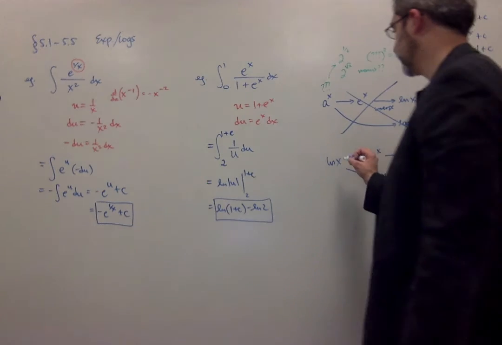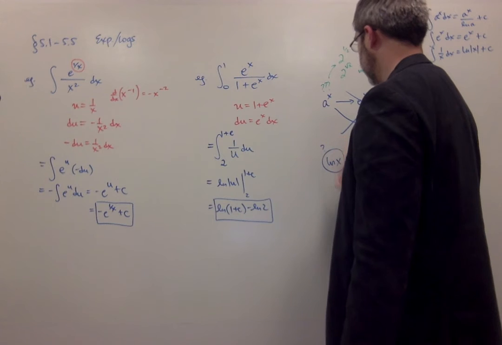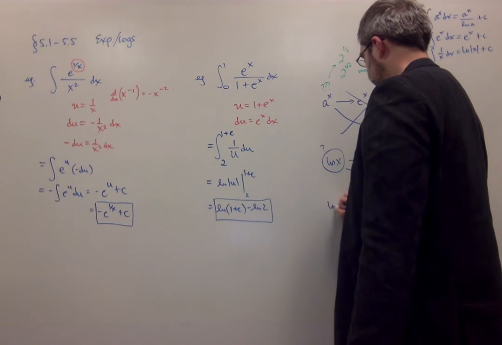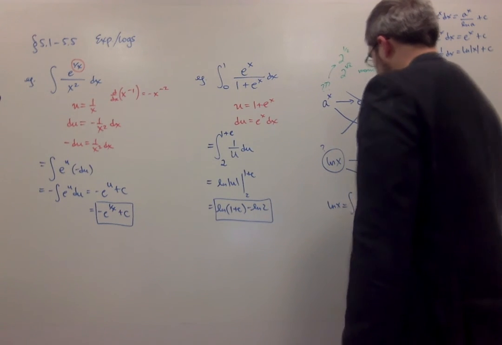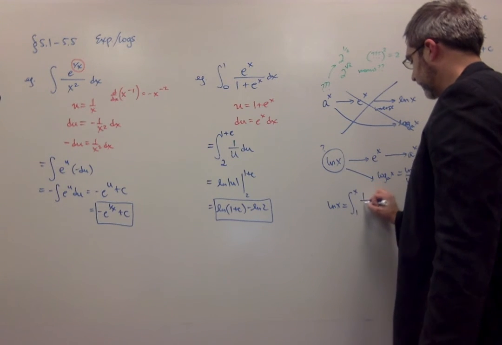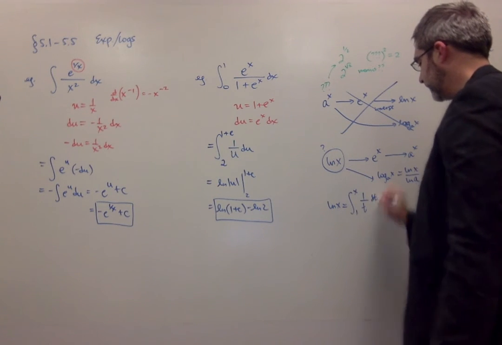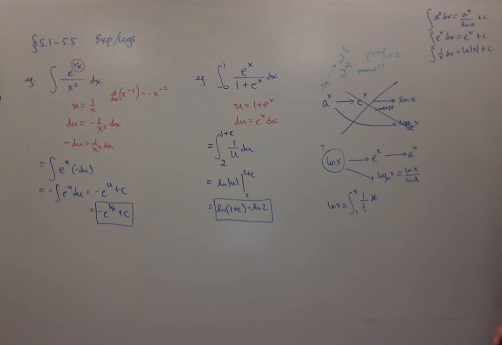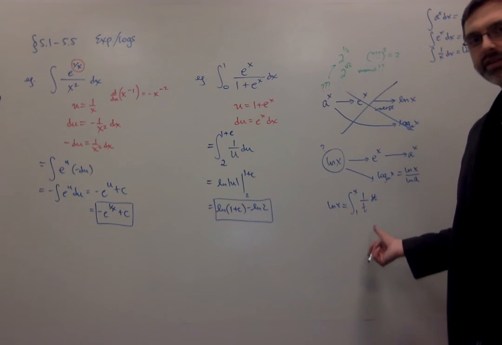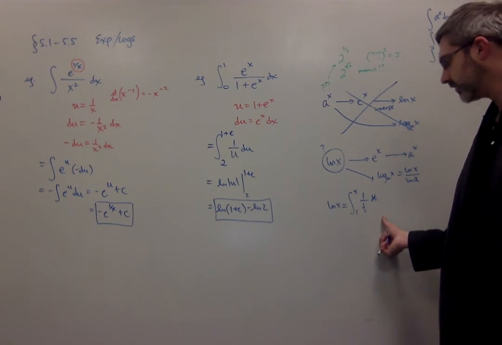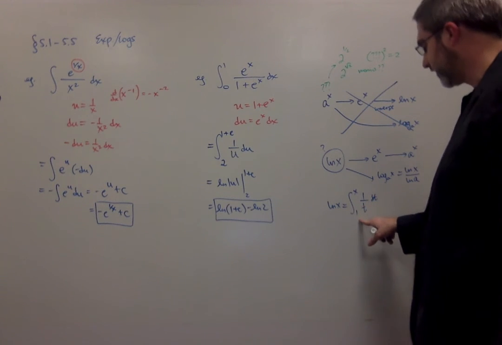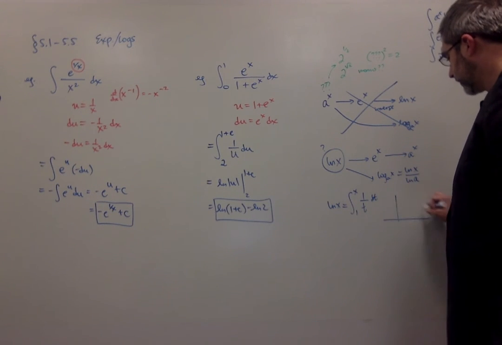So the question then becomes, how do we define this? Well, it turns out that you can define the natural log as the area from 1 to x under 1 over t dt. Now, this should remind you of something that we saw back in the fundamental theorem of calculus.